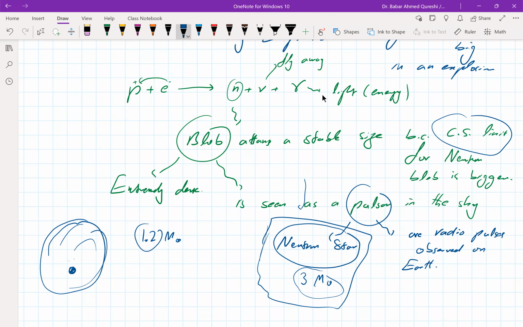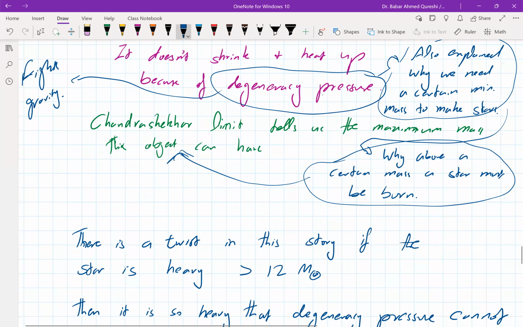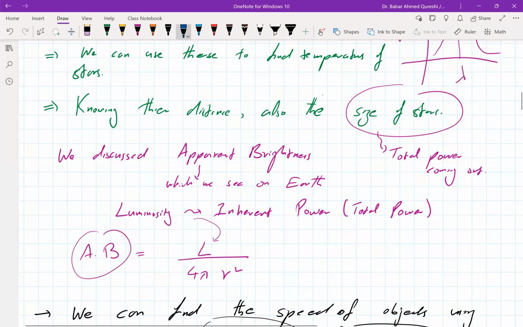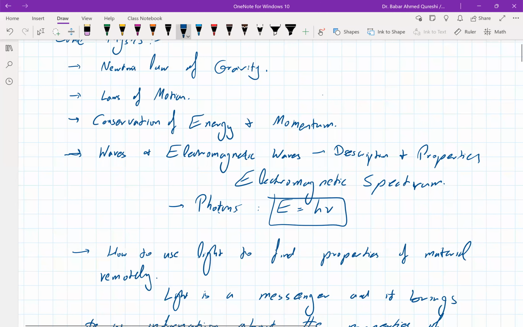Neutron stars have certain properties which you can predict and observe from Earth, which is what we observe in the case of pulsars. So that's the whole story about stars. I have essentially summarized all what we did so that you can at least have some idea what we discussed.